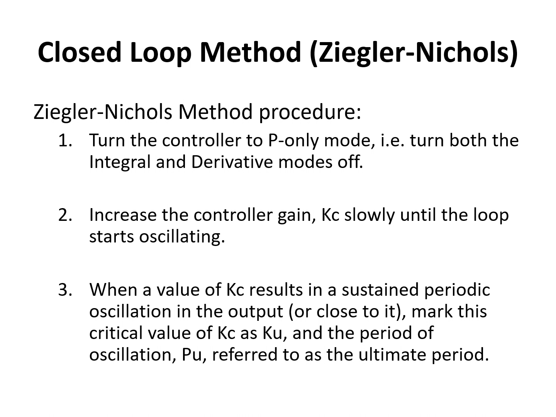Okay. The first thing you do is to set the controller to P only mode. You can say use the P mode only and turn both the integral and derivative modes off. You don't use the integral and derivative modes, just use the P controller, and then you increase the controller gain slowly until the loop starts to oscillate.